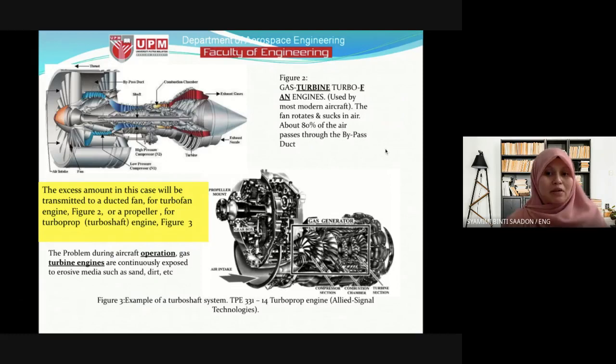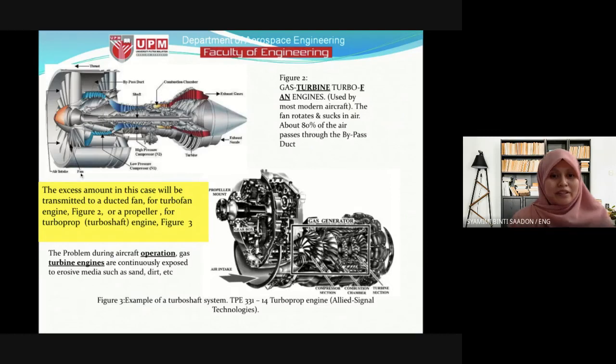About 80% of the air passes through the bypass duct, so mainly the extra air goes through the bypass duct. Only about 20% will go through the core engine, to be used for the combustion process.